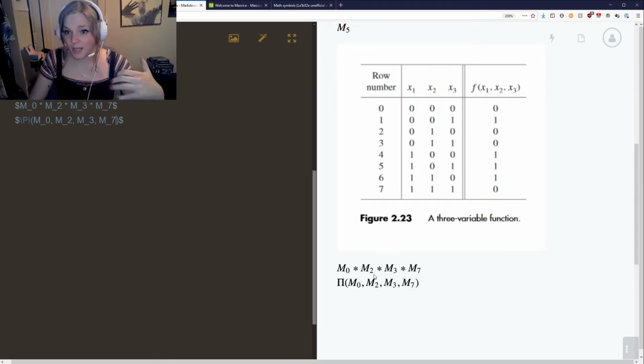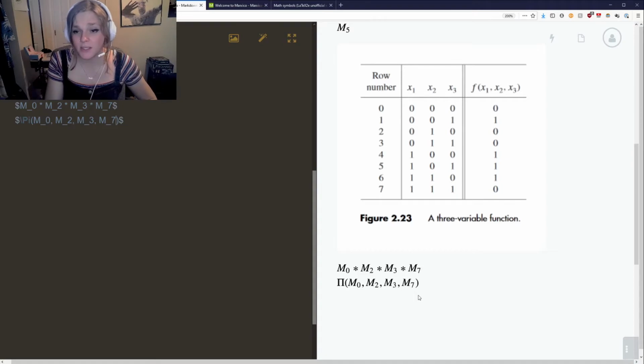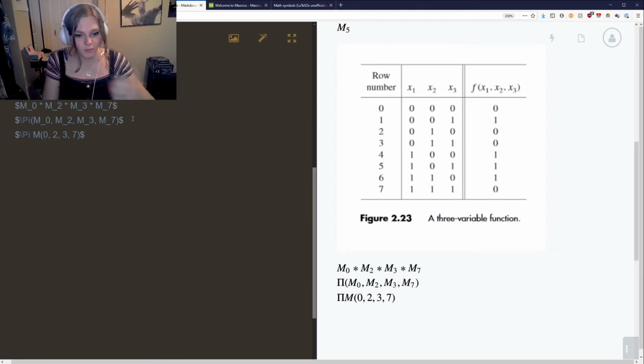So that uppercase pi is how we say we are going to multiply all of these values in this series. Just like the uppercase sigma is how we say a summation, this is the product of those values. And then to further simplify things, you will often see this written out as the uppercase pi M of 0, 2, 3, and 7. So that simplifies it a little bit more.